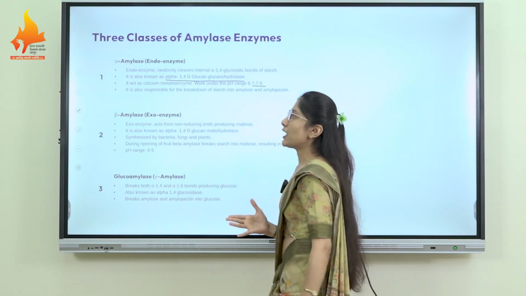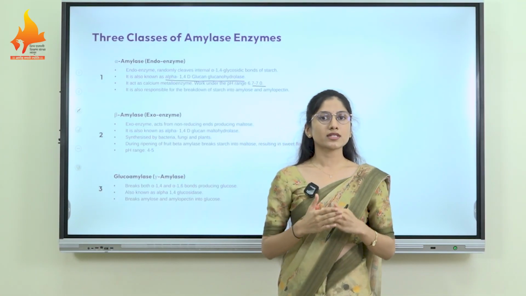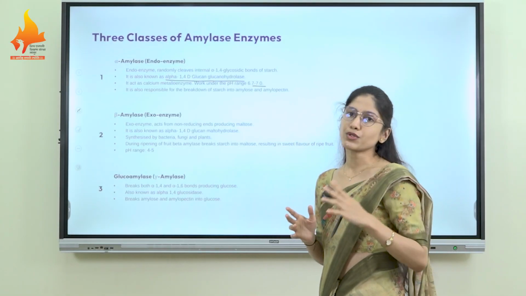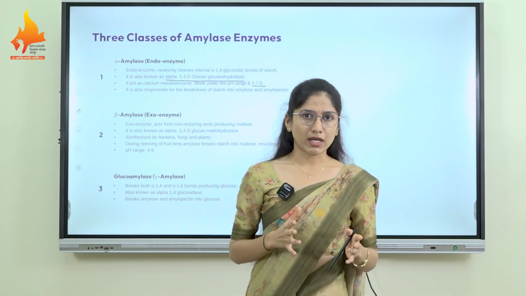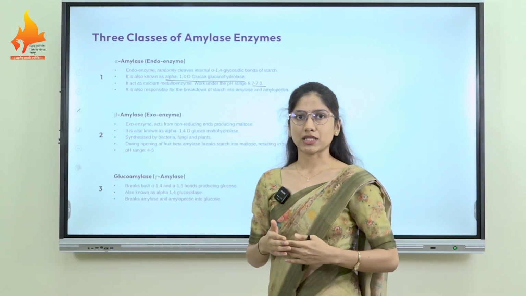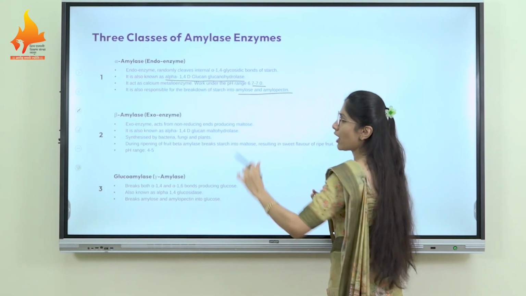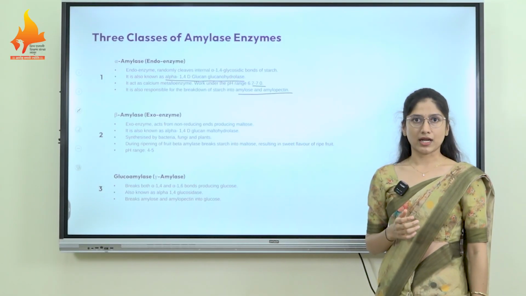This alpha amylase is responsible for the breakdown of starch into two units: first amylose, and second amylopectin. Amylose and amylopectin are the two primary polysaccharides.